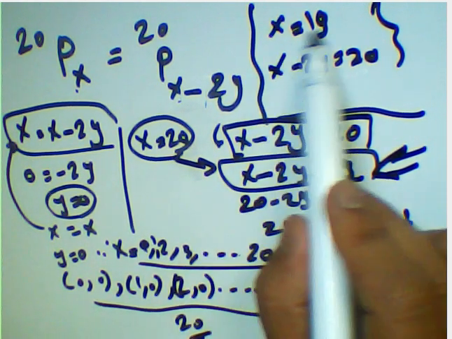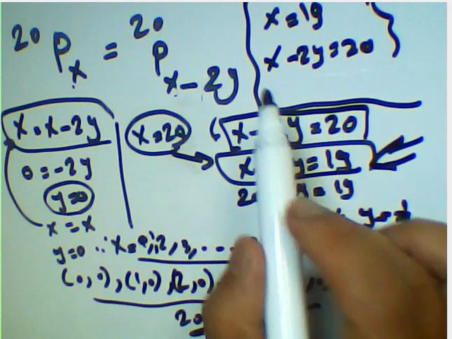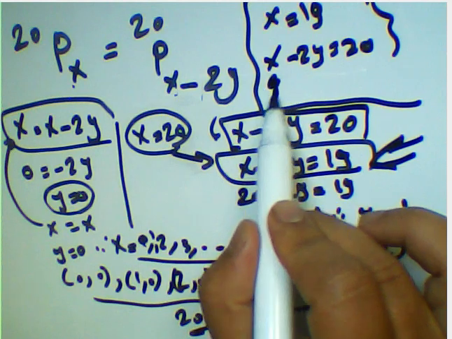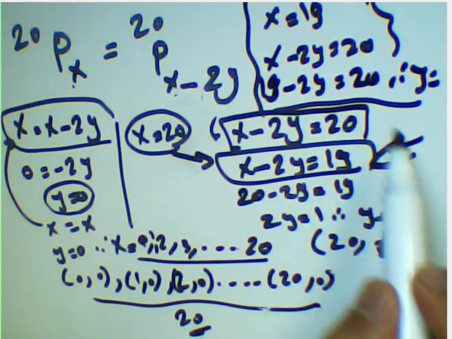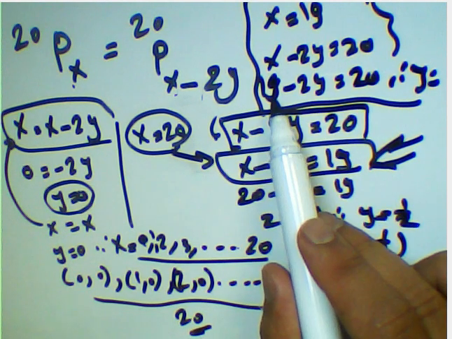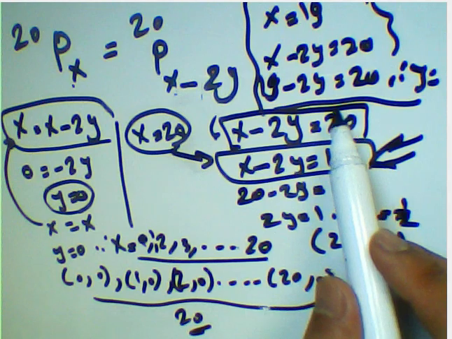Or if x equal 19, then x minus 2y equal 20, put x equal 19 here, then 19 subtract 2y equal 20, then y will be what? 19 subtract 20, negative 1, divided by 2, it will be negative half.